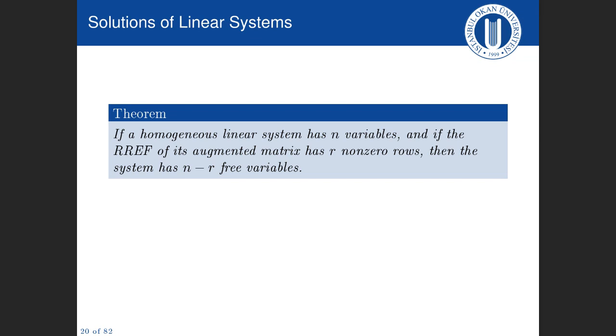I'm going to finish with a couple of theorems. The first theorem says if a homogeneous linear system has n variables, and if the reduced row echelon form of its augmented matrix has r non-zero rows, then the system has n minus r free variables.